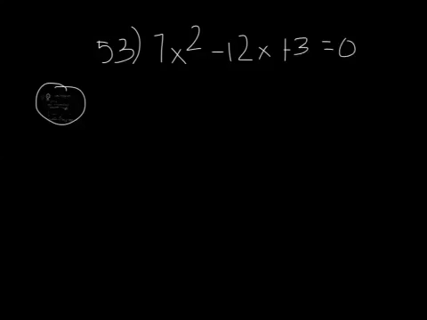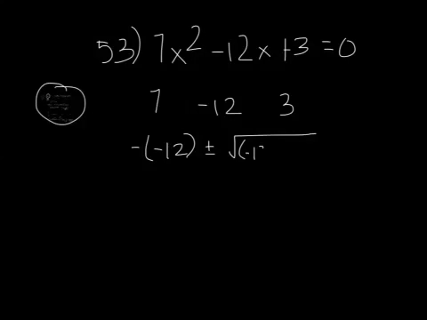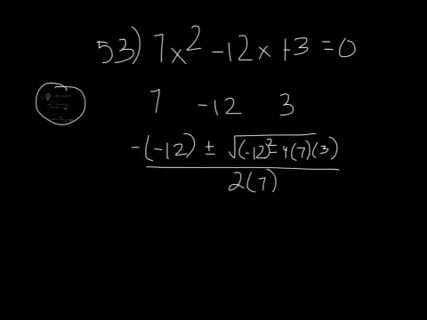It's already set equal to 0. So step 2 is write down A, B, and C. A is 7. B is negative 12. And C is 3. Using the quadratic formula, we will put in negative of negative 12 plus or minus the square root of negative 12 squared minus 4 times 7 times 3, all over 2 times 7.